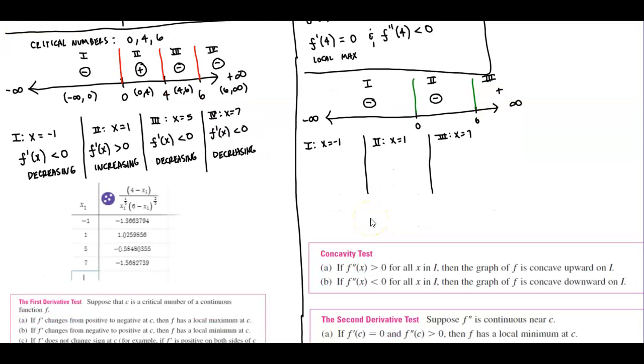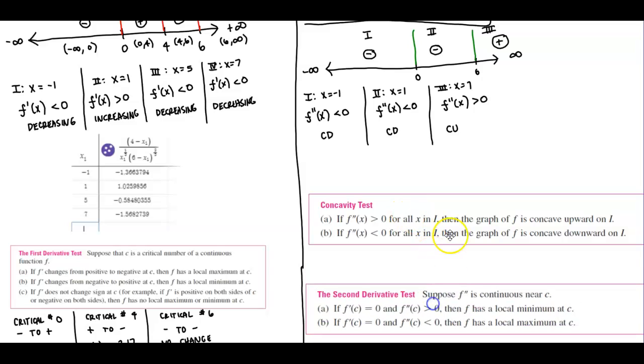So in region 1, since it's negative, the second derivative is less than 0, and so it's concave down. In the second region, it's negative, so it's also less than 0, which means it's concave down. And in the third region, the second derivative gave us a positive result, so it's greater than 0, and therefore it's concave up.